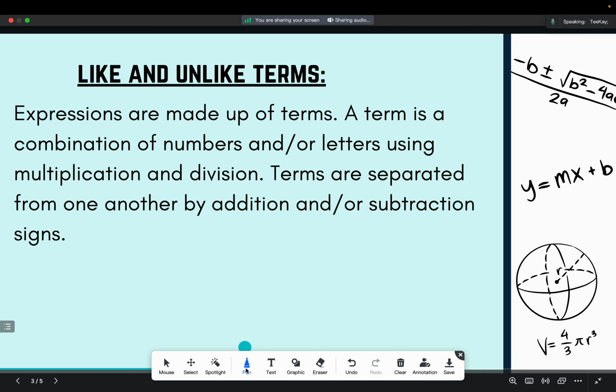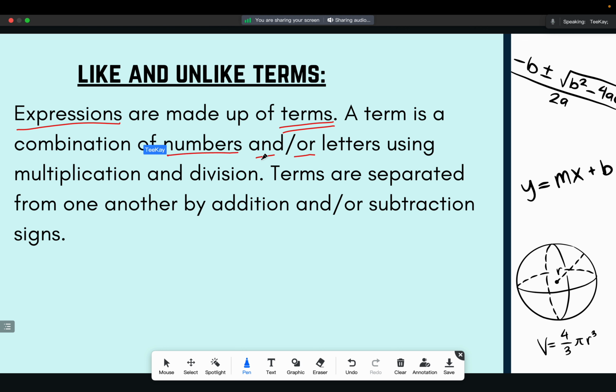So for us to understand what an expression is, we have to know what is a term. A term is a combination of numbers and or letters using multiplication and division. Get that right, using multiplication and division.